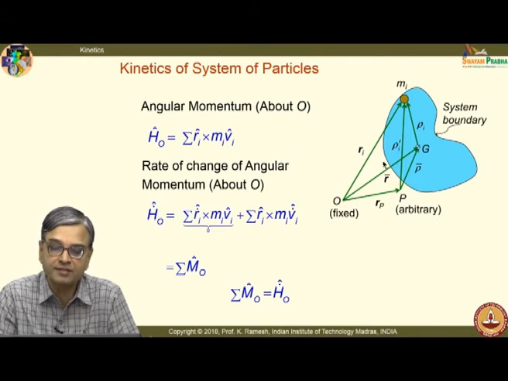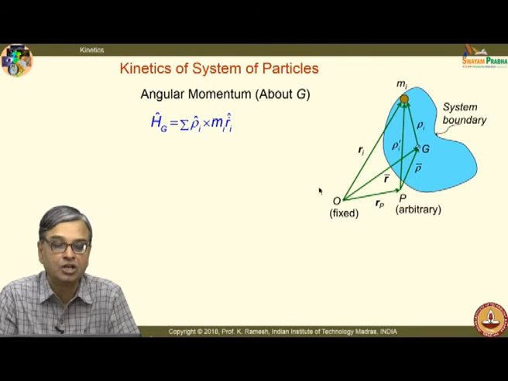Once we come to a system of particles, we would also look at about point G as well as point P. Those are all the expressions which are of interest for us to handle them later. How do I define angular momentum about G?